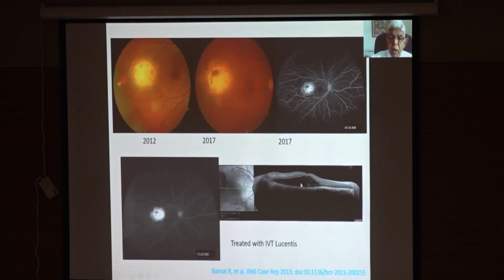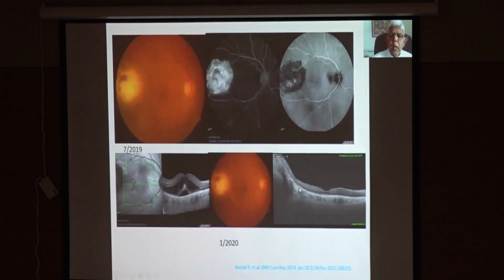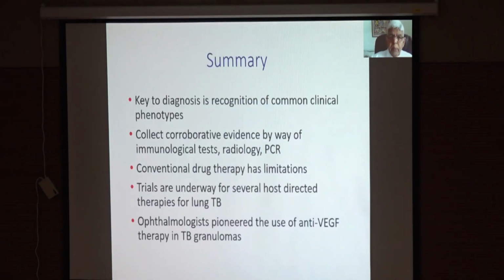The patient becomes symptomatic because of the fluid which accumulates in the retina. This patient again showed a recurrence in 2019, and by 2020, he has had two to three recurrences, each time managed with a couple of injections. So this is something remarkable which is happening now in the 2020s.